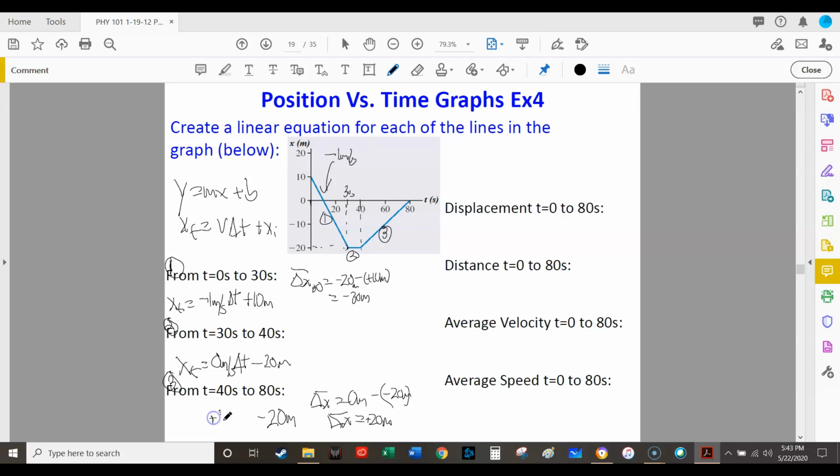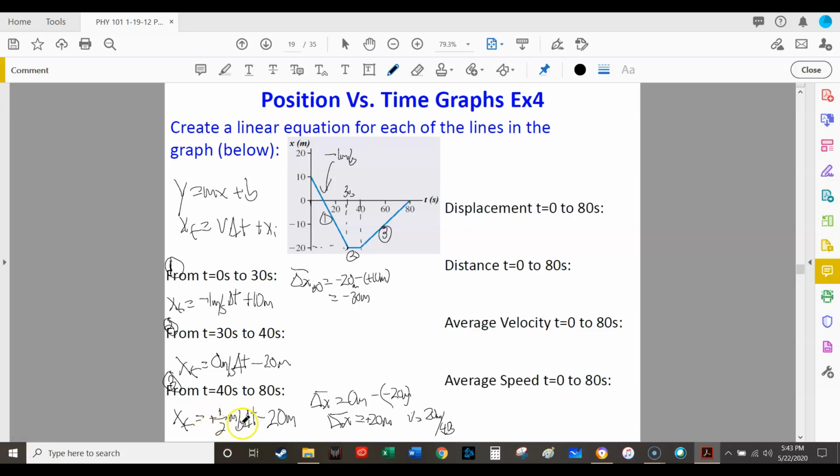So the velocity is going to be 20 meters over 40 seconds, which is 1/2 meter per second, times delta t, and that's the final curve fit.